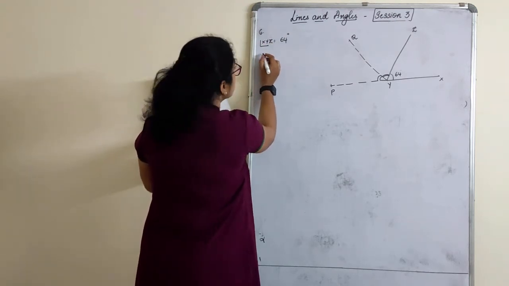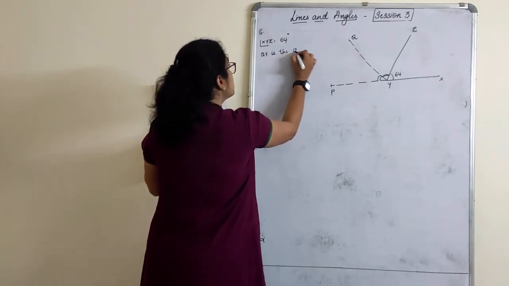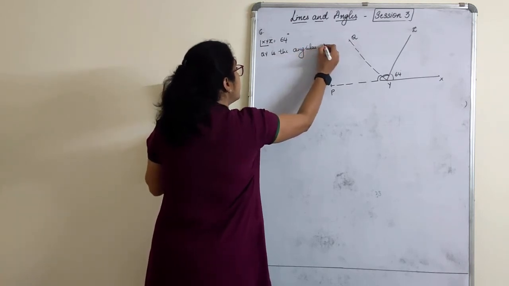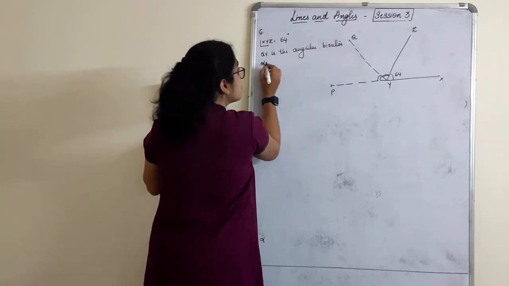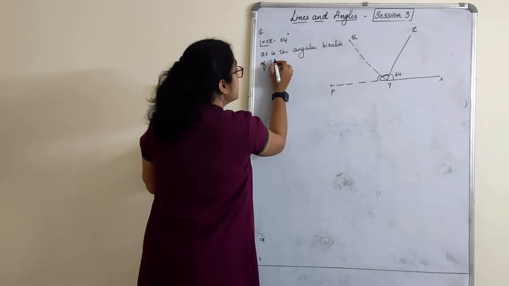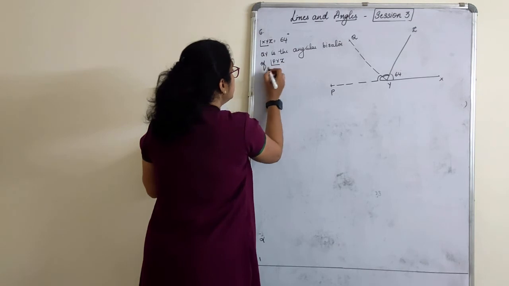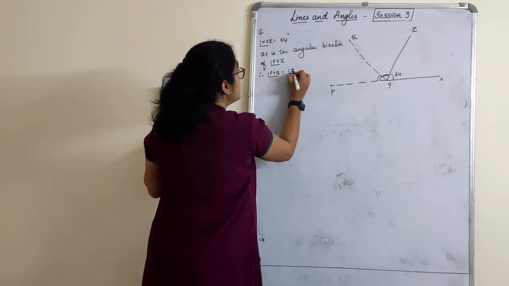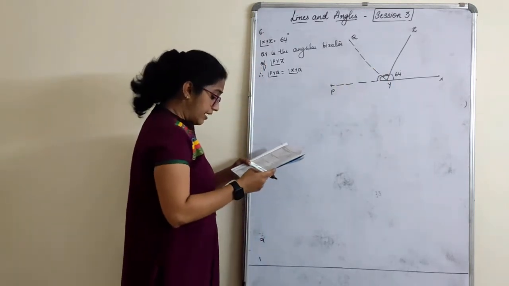Then QY is the angular bisector of angle PYZ. Therefore, angle PYQ is equal to angle ZYQ. Write this as it is, correct? Whatever this angle is, it is half of it.